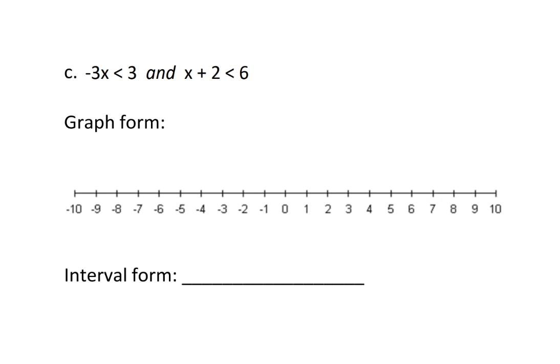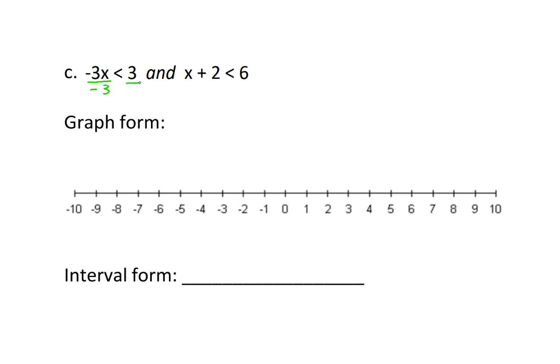Before we can graph these separate inequalities, we have to solve them first. And to solve an inequality, that means that we want to isolate the variable, or get the variable by itself. So if I look at this first inequality, -3x is less than 3, I need to divide by -3 in order to get the x by itself.